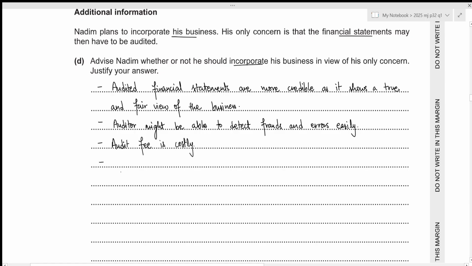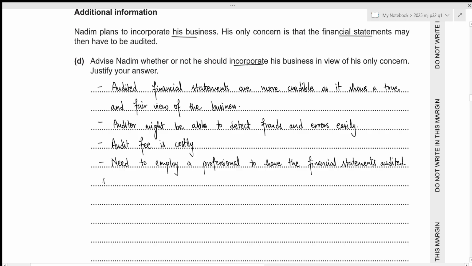Then the second thing is that we will have to employ a professional accountant in order to have all of our financial statements audited. Let's write it down. Need to employ a professional to have the financial statements audited.